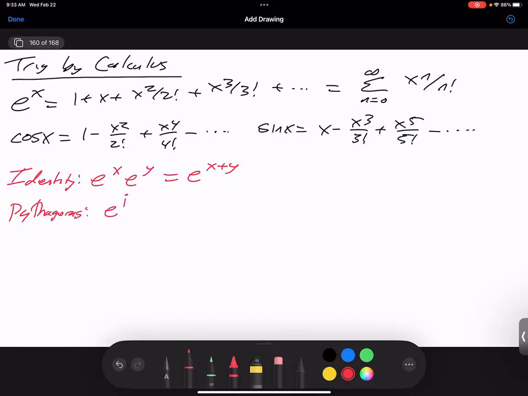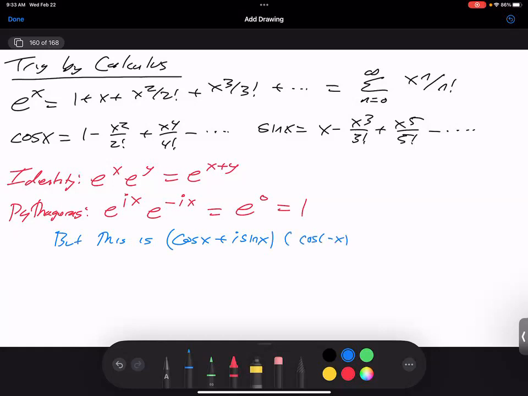So e to the ix times e to the minus ix is what? E to the 0, which is 1. But this is cosine x plus i sine x times cosine negative x plus i sine negative x. And so here we're using e to the ix is cosine x plus i sine x.